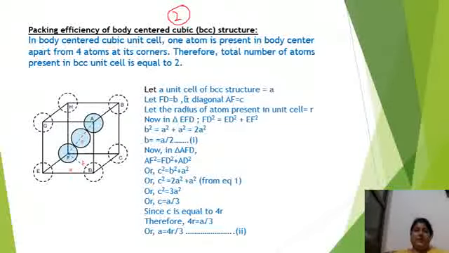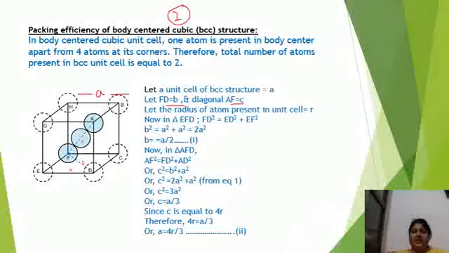So we again let the edge length be A. This FD diagonal has length B, while this AF is equal to C. Now in triangle EFD, this angle will be 90 degrees.